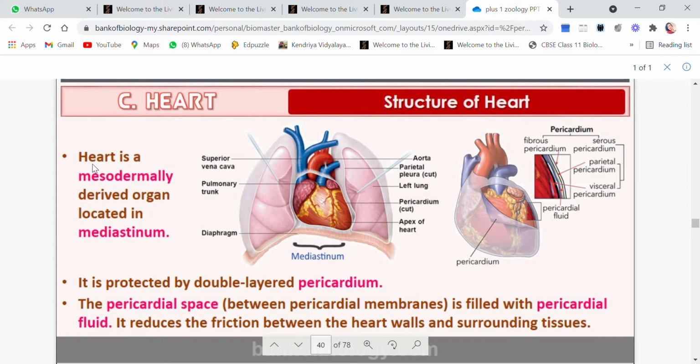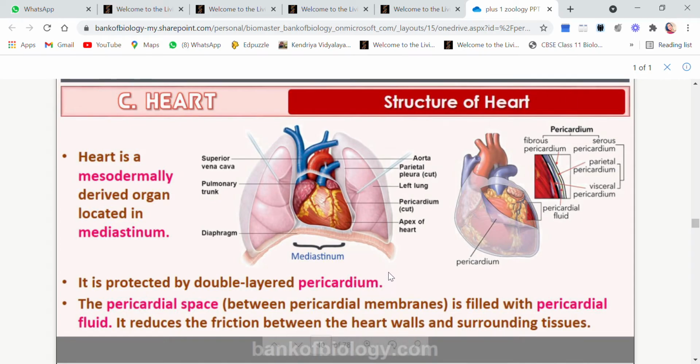So heart is mesodermally derived, that means it is formed from the cells present in the mesoderm and it is located in between the two lungs. Right? Then it is protected by double layered pericardium.